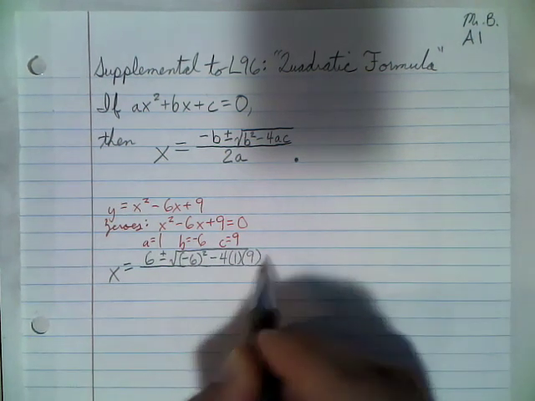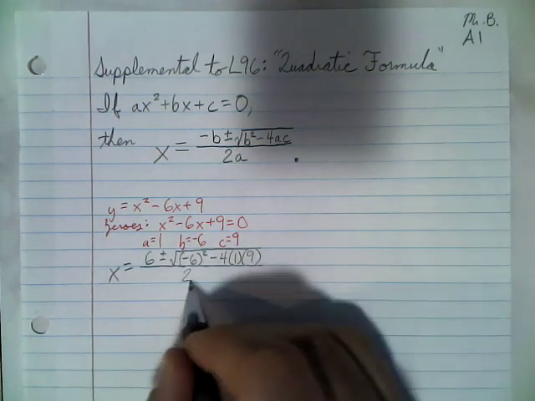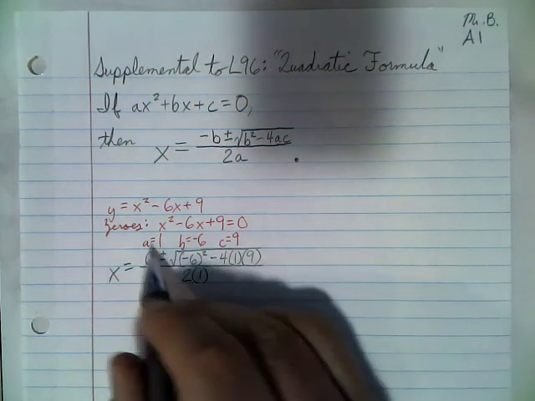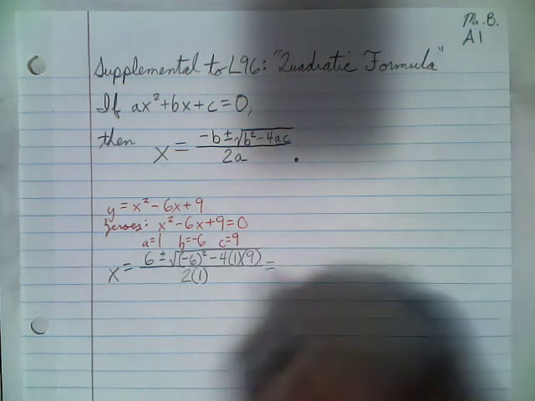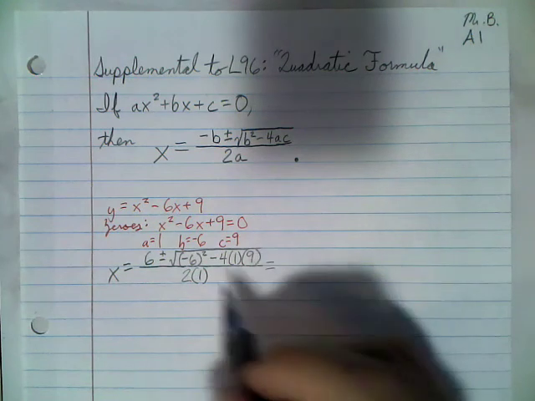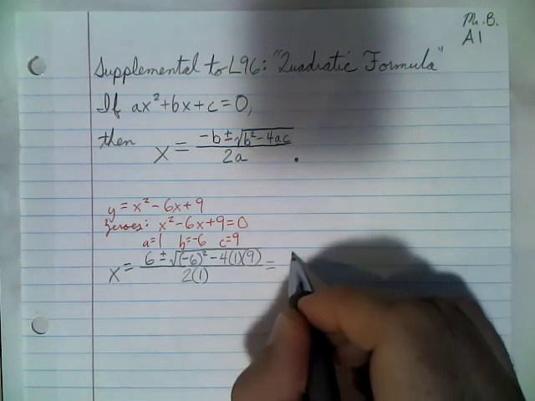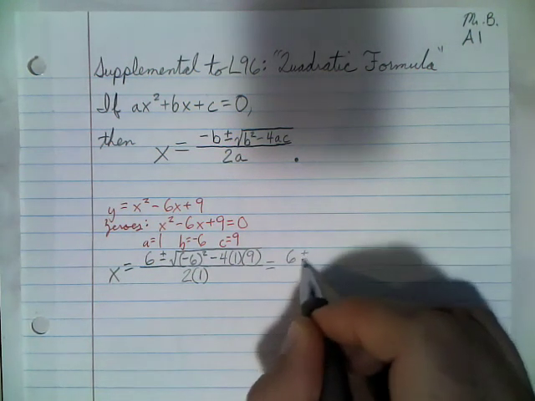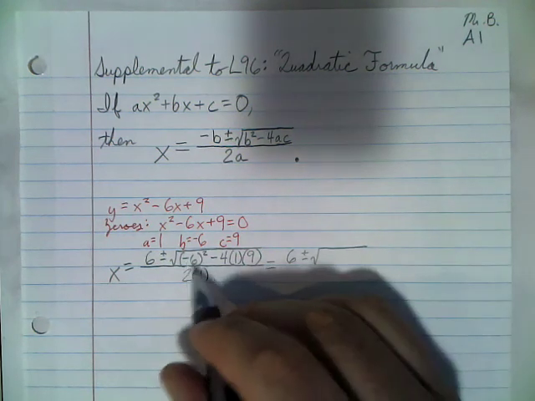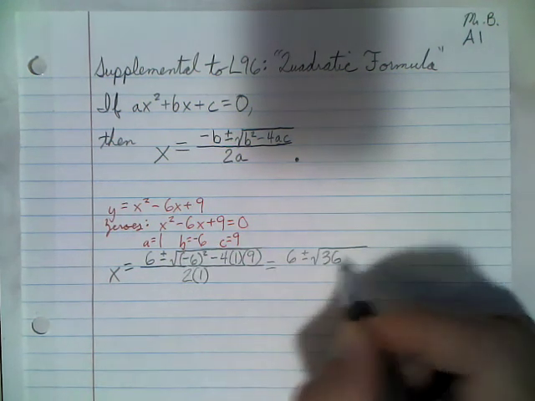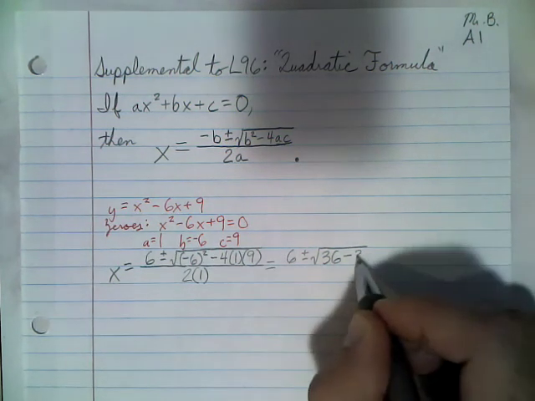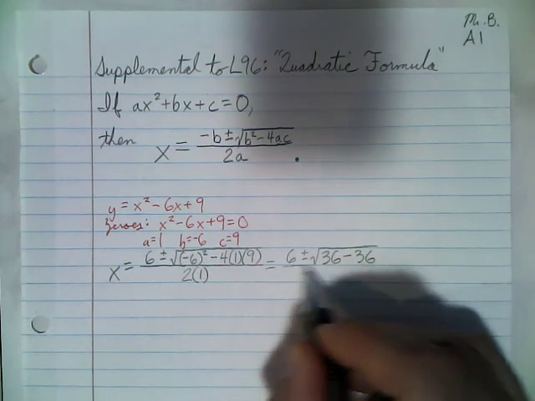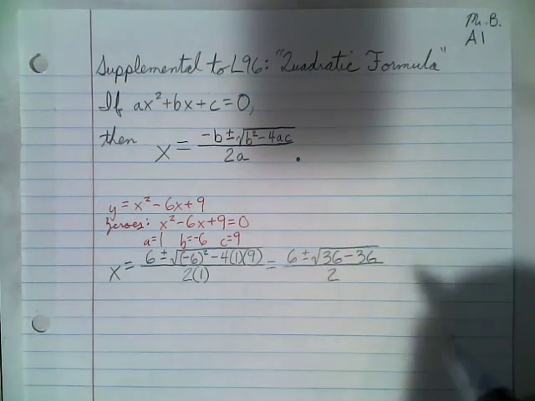And all of that is over 2 times a, 2 times 1. And so we simplify it. So if I simplify this, then I'm going to have a 6 plus or minus the square root. Now negative 6 squared is 36, minus 4 times 1 times 9 is 36, all over 2 times 1 is 2.